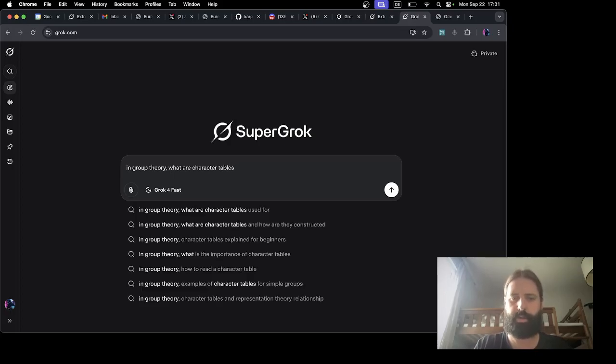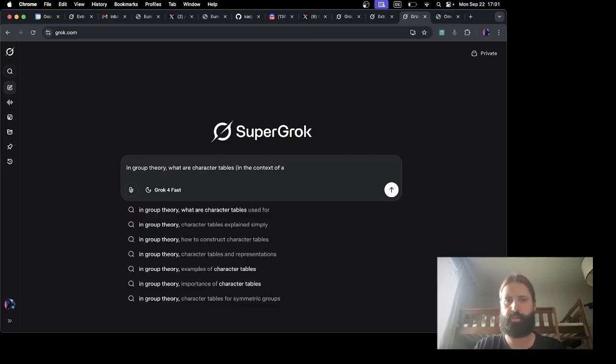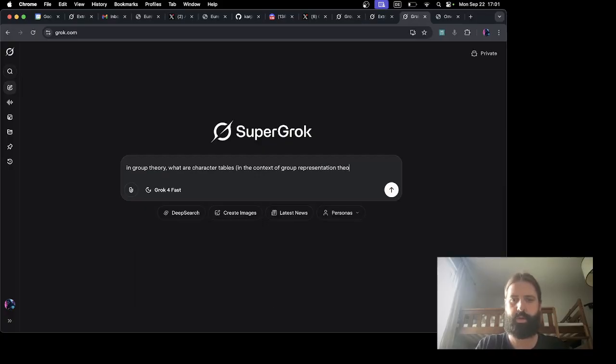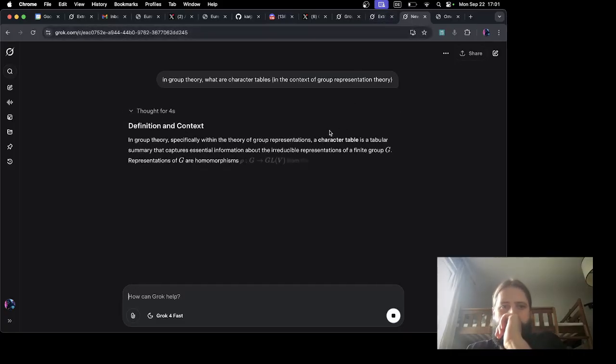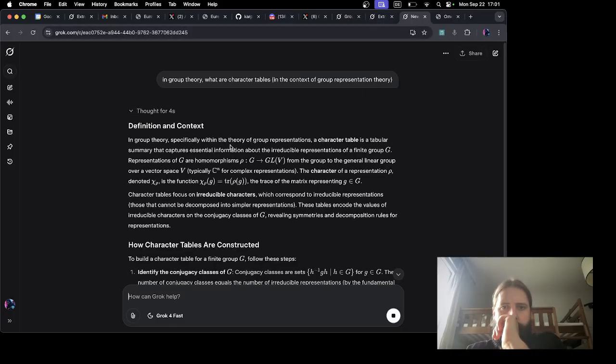Character tables in the context of a group. It's a tabular summary that captures essential information about the irreducible representations of a finite group G.